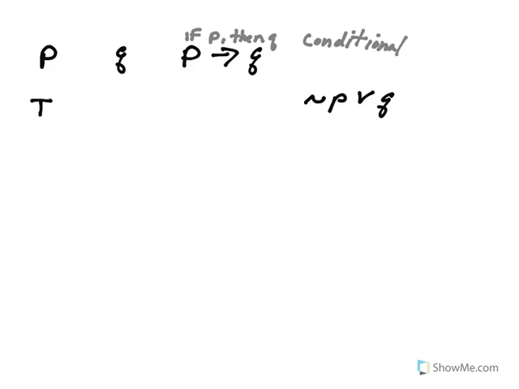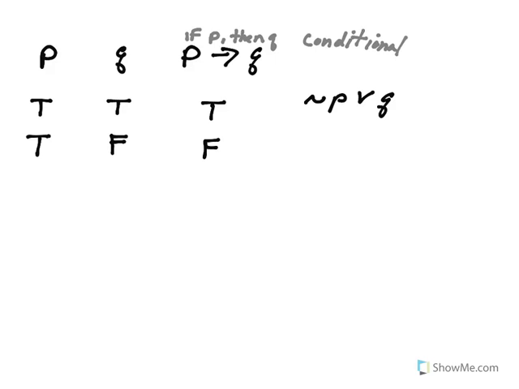If you have a true P statement and a true Q statement, then your third result is going to be true. And if you have a true P statement and a false Q statement, then your conditional result will be false.